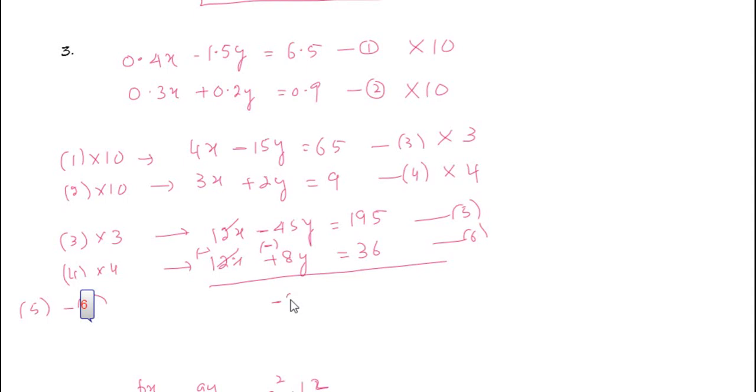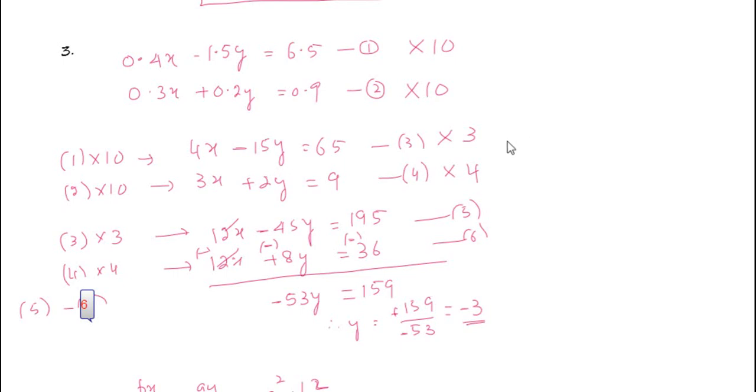This is -53y, equal to, this becomes -36 + 195, which is 159. Therefore, y = 159 divided by -53. So the value of y = -3.